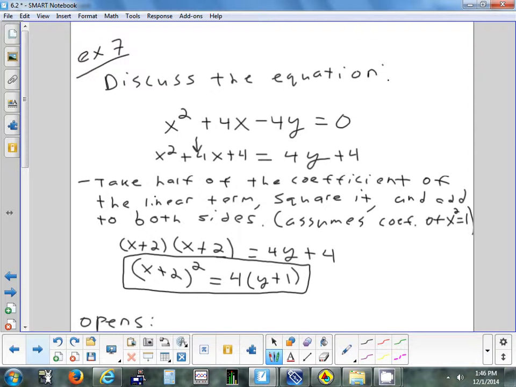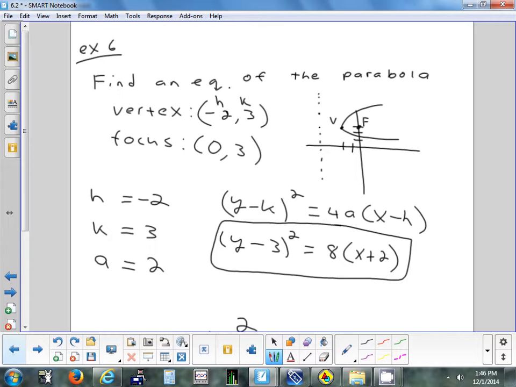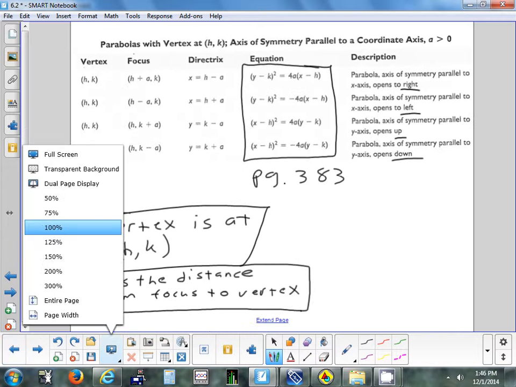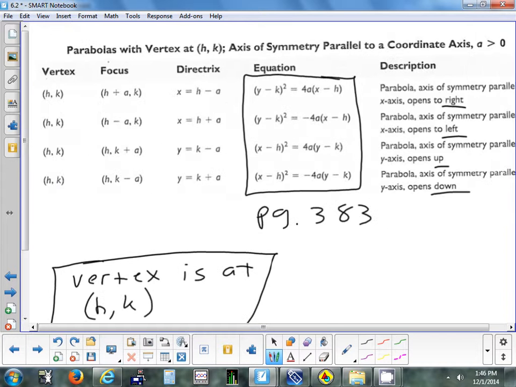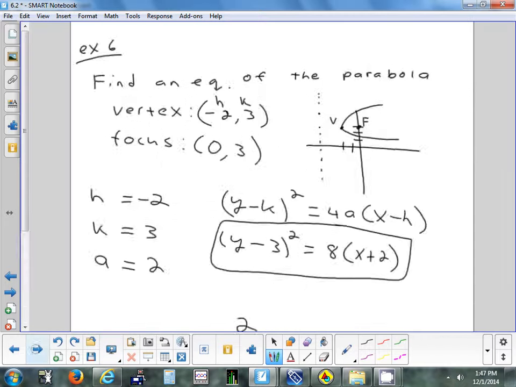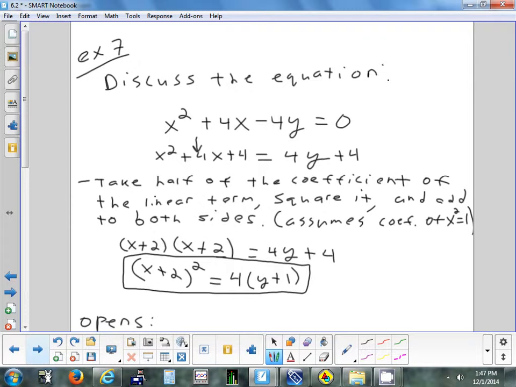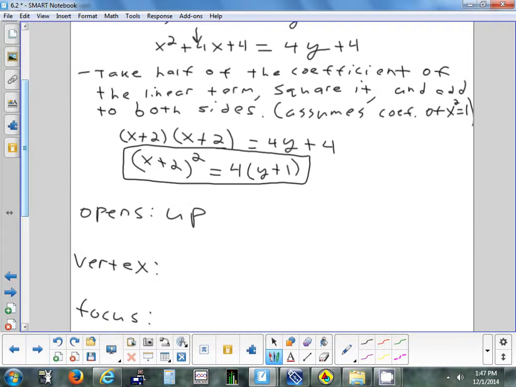So let me put up the table if you don't have it. Which way is that open? Yep. X is squared, 4 is positive. It opens up. Okay, so that's our first question. Opens up. Let's get the formula for the vertex.